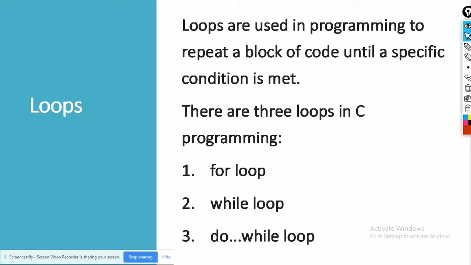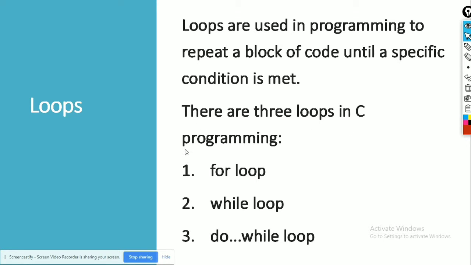Suppose I am having 5 statements inside my program that I need to execute 10 times. Then in that case, I'm going to make use of a loop and will execute those 5 statements again and again till a particular condition occurs. In this case, the condition is counting till 10. So I'll be executing that block 10 times.